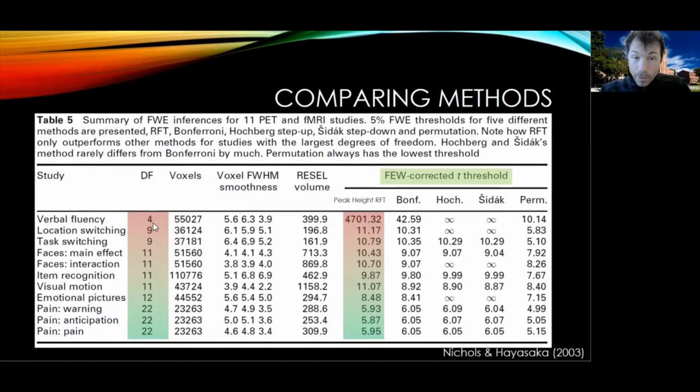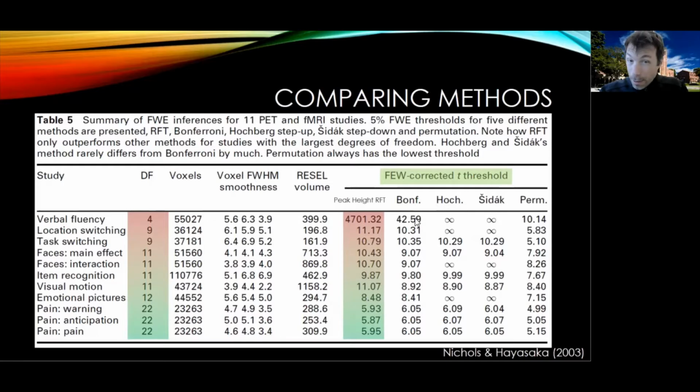Particularly at very low degrees of freedom, it's clear that the random field theory approach becomes hyper conservative. For these degrees of freedom, granted, not something we would usually do, you would need a peak height of 4,701 as a T value. And then, of course, the more degrees of freedom you get, the smaller it becomes.